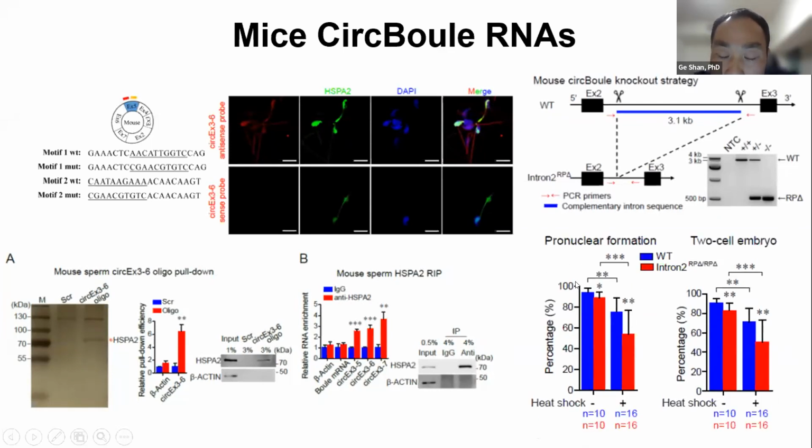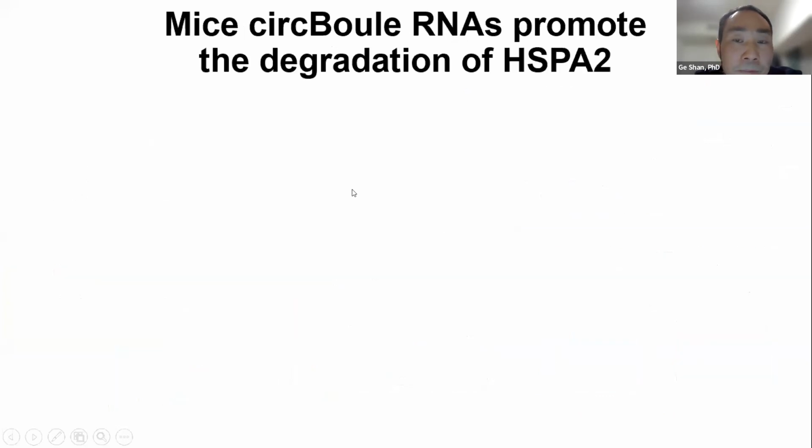We can see that under heat shock, the sperm of mutant mice show a decreased level of fertility when we examine the in vitro fertilization ability.